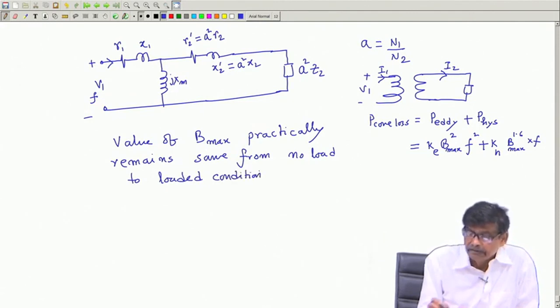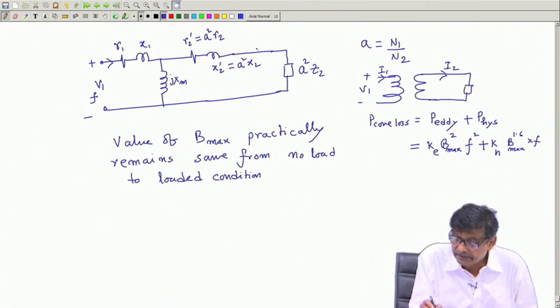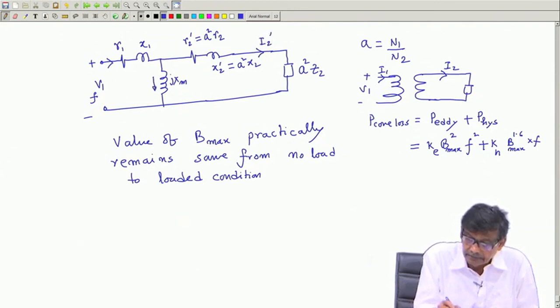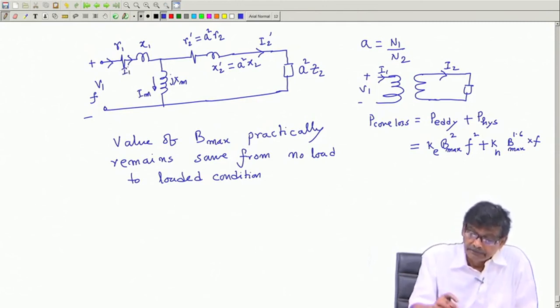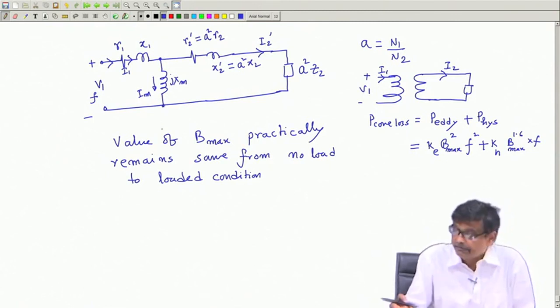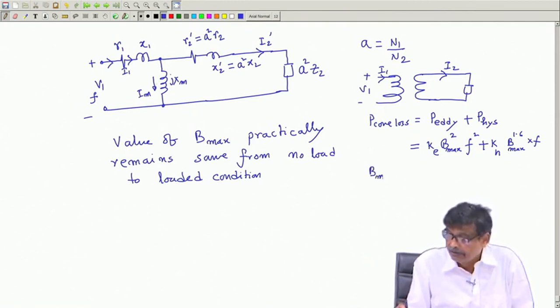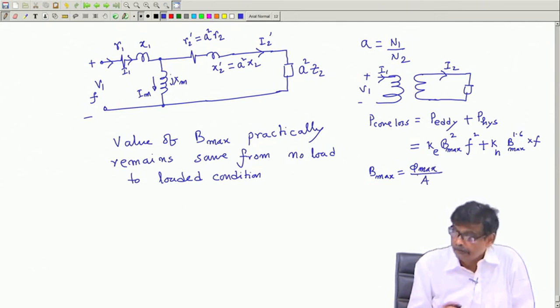Why? Because you recall this current is I2 dashed, this current is Im, the magnetizing current, and this current is I1. The voltage which will come between these 2 points decides the magnetizing current, hence the flux or B max. B max is after all phi max by the cross sectional area of the core.